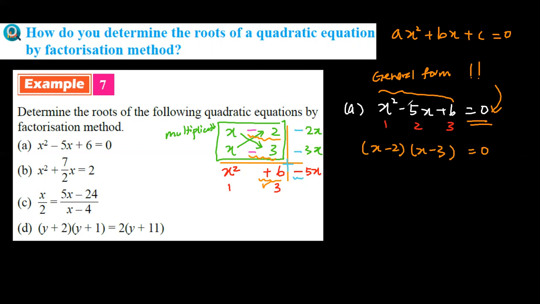Okay, I haven't finished yet. We have just done factorization. Later, we want to find the roots. The roots here means that we will have the factor x minus 2 equal to 0. Therefore, x equals 2. Or we have another part, x minus 3 can also equal 0.